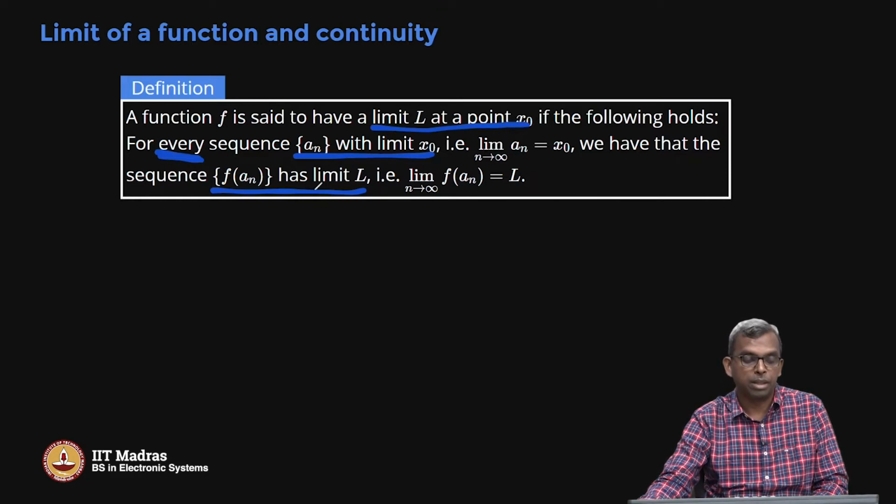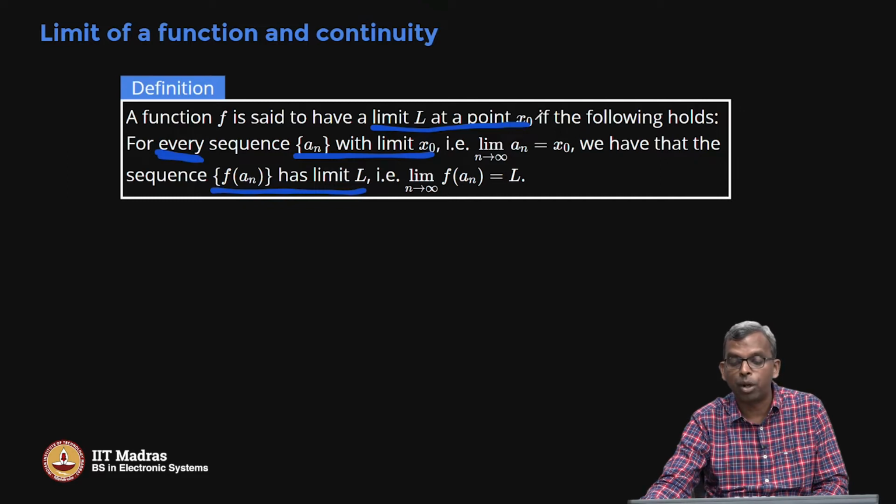Okay, I hope this definition is clear. There are lots of lines here, and I've underlined what is important. When do we say that f has a limit L at a point x naught? If every possible sequence that converges to x naught, when you hit it with f, gives a new sequence f of a_n with a limit of capital L, and that should be the same for every possible sequence a_n.